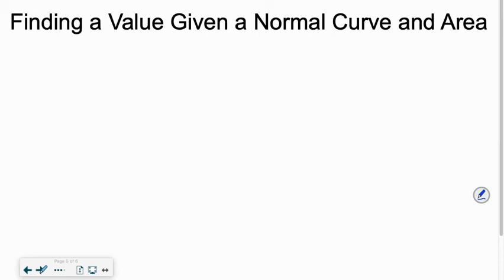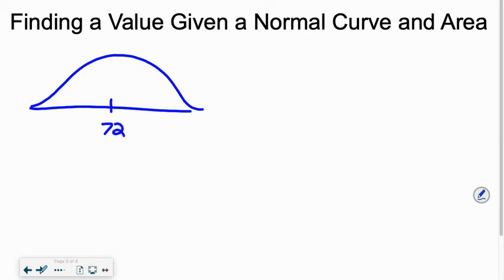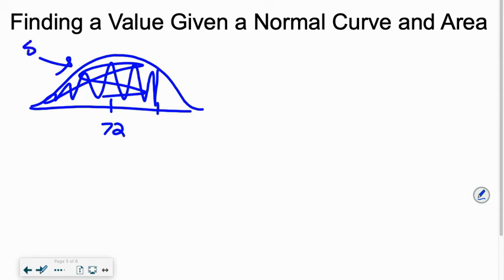Now, the opposite way, if you're given a normal curve, let's say the mean is 72 for this one, and you're given that 83% of the data falls in between or below this point.